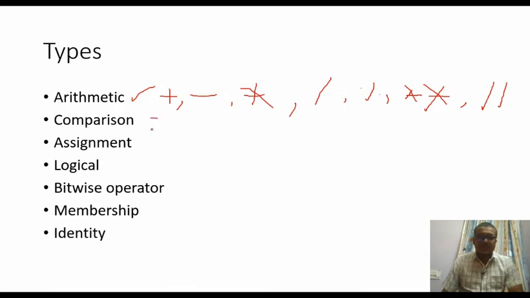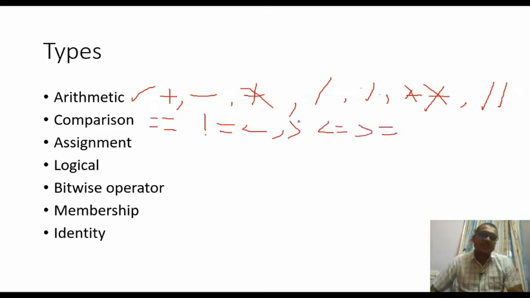The next one is comparison: equal to, not equal to, less than, greater than, less than or equal to, greater than or equal to. These are the comparison operators available in Python. The next one is assignment operation.